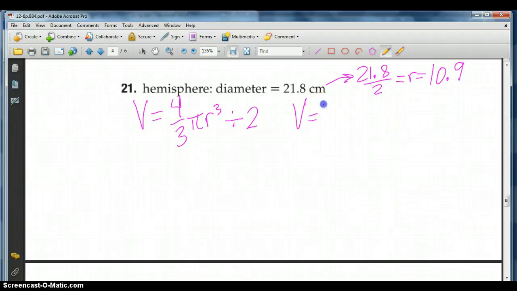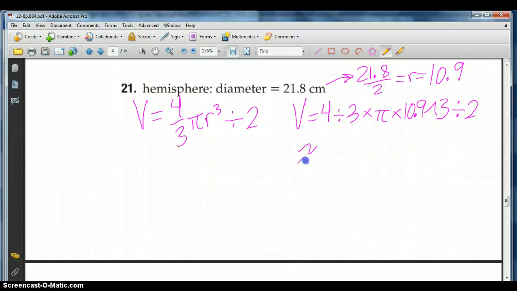So if we substitute this in, we get 4 divided by 3 times pi times 10.9 to the third power divided by 2, which is approximately 2,712.3 cubic centimeters.